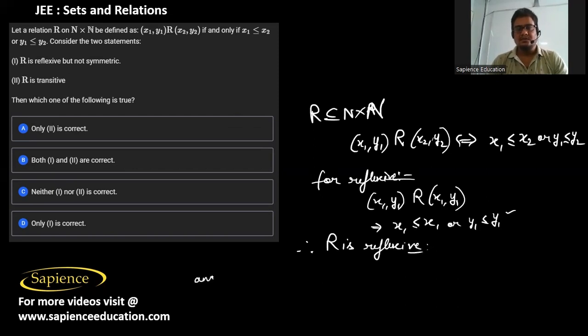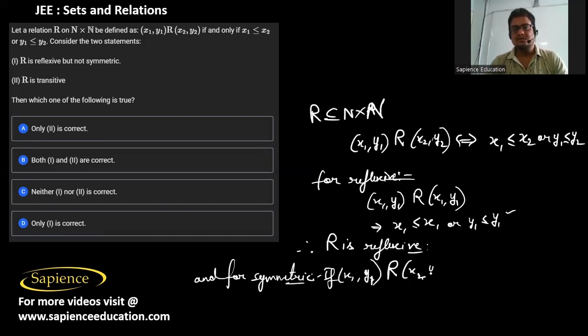And then for having a symmetric relation, we should have: if (x1, y1) is related to (x2, y2), this also implies that (x2, y2) should be related to (x1, y1).